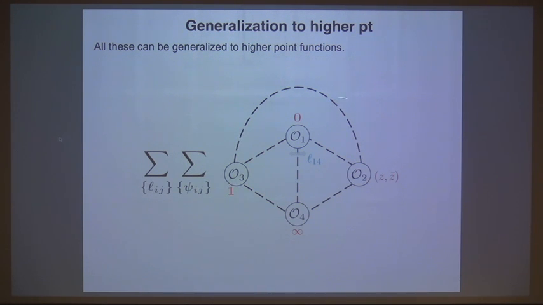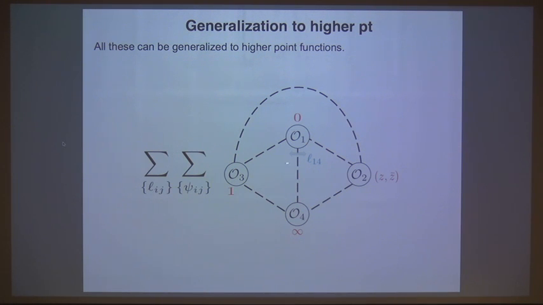And after going to this configuration, you can look at this hexagon and this hexagon. And then you find that this left hexagon is in a sense canonical because it has vertices at 0, 1, and infinity. On the other hand, this right hexagon is in a sense rotated or shifted because it has vertices at 0, infinity, and z bar.